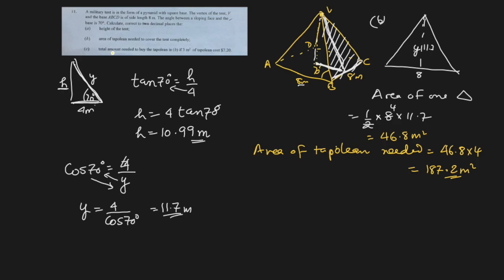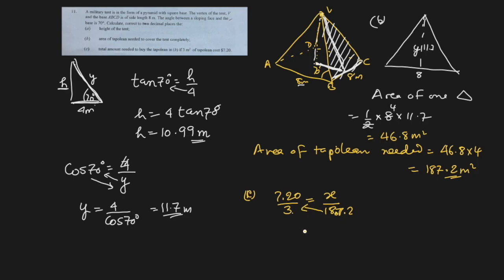C part, total amount needed to buy the tarpaulin if 3 meters square of tarpaulin costs 720. So we need the price, right? So part C, there's a trick to this. 3 meters square costs $720. What will be the cost of 187.2 meters? Whatever we want to find should be the numerator somewhere and the sequence should be the same.